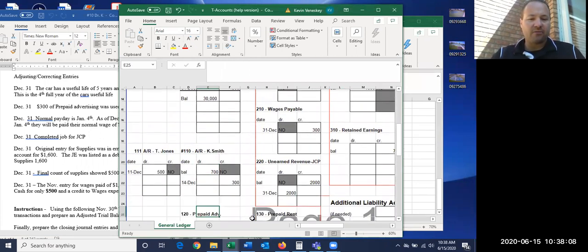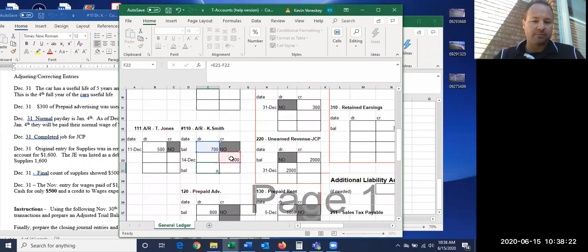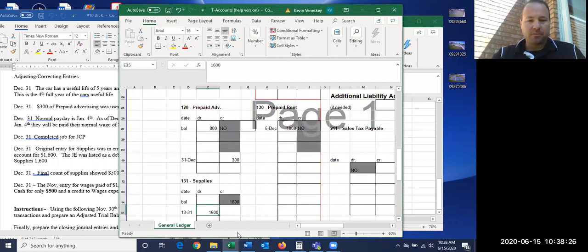We're going to do that now for all of the others that have more than one item. So this one only has one. I can just keep it that. There's nothing to total there. I can go ahead and balance this out. I don't need to sum anything. There's only one number. So our debit minus our credit. Prepaid advertising. We had this happening here. So we do have a balance.